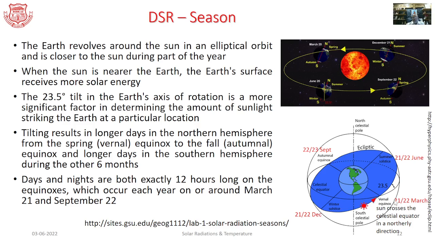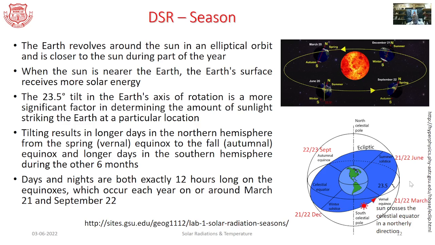As we consider this 21st or 22nd March, here the sun crosses the celestial equator in the northern direction. On this day, the sun is in the plane of the equator. There will be longer days in the northern hemisphere and hence shorter nights.